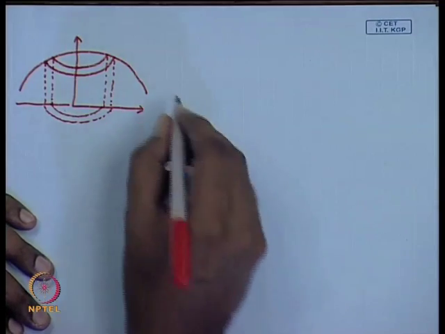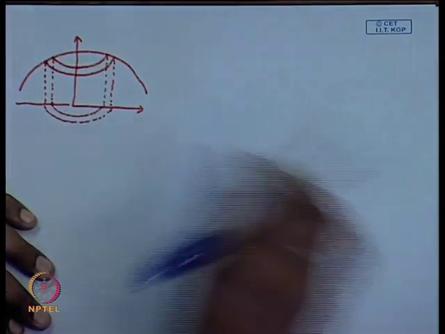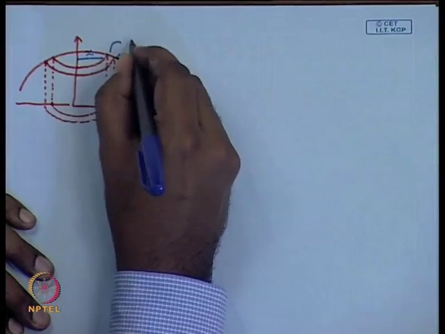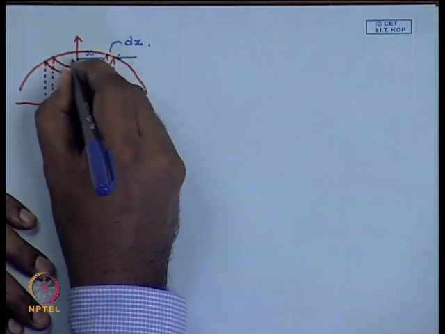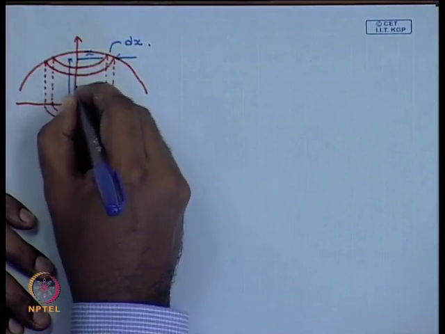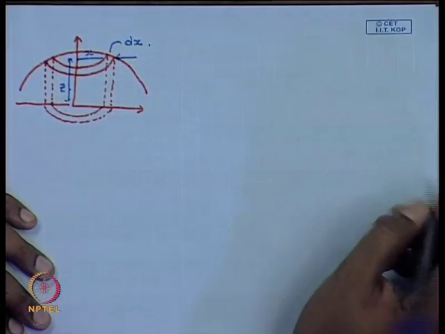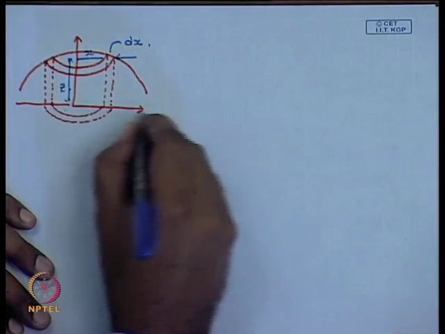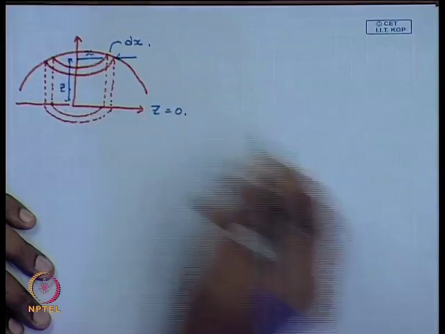Okay. So, what are the parameters you have? This is x, this is delta x, this is at any height, let us say z, and this is at z equal to 0.